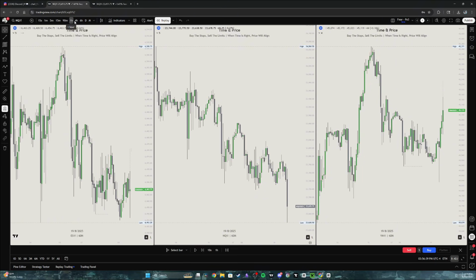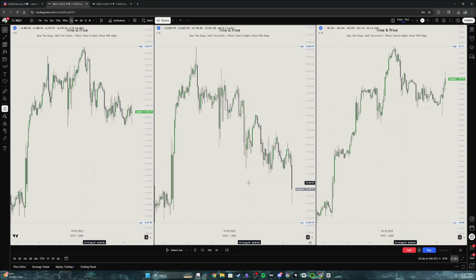What confirmed lower prices for me was the fact that, okay, we have to think logically, what type of SMT do we have to see in order to validate a weekly reversal? Well, it's definitely going to have to be a strong one, and the higher the time frame, the stronger the SMT.